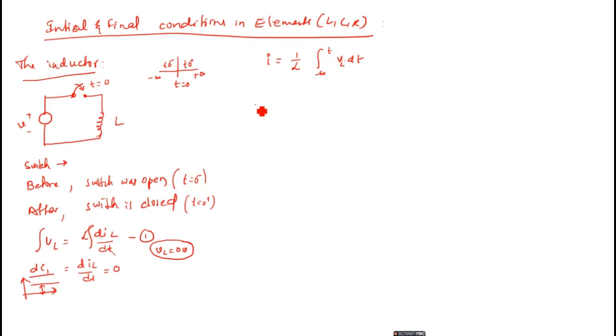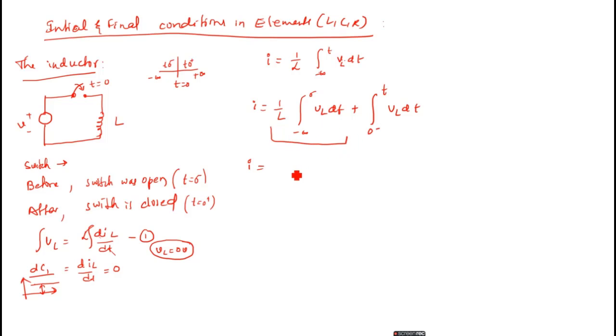Now, I is equal to 1 by L. Can we write the limits of this integration as minus infinity to 0 minus of VL into dt, plus 0 minus to t of VL into dt? So I can replace this value.